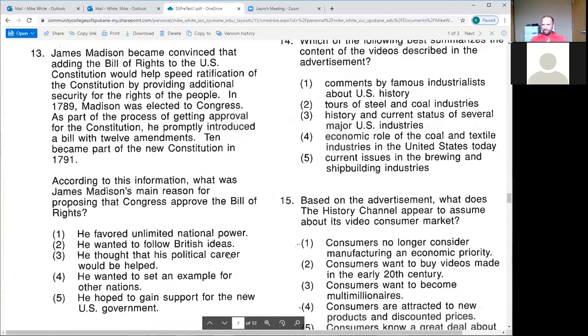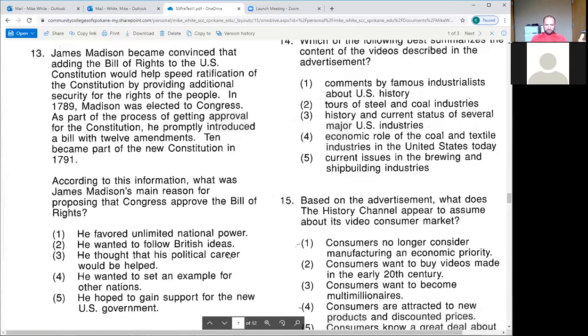And we didn't want that. That was the whole purpose of us rebelling against England, right? So definitely wasn't number 1. Definitely wasn't number 2, because again, the British were the people that we were rebelling against and were revolting and basically leaving the British.